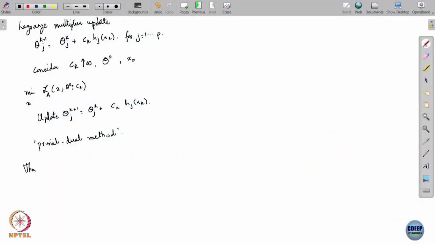So, the main theorem that we have for an augmented Lagrangian method is the following.